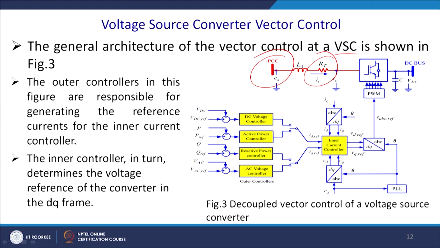Now, what happens if you have a problem with the DC bus, then you will have a DC bus control. You require to maintain the DC bus voltage generally around 20% higher than the rectified voltage, because this is a bidirectional switch.